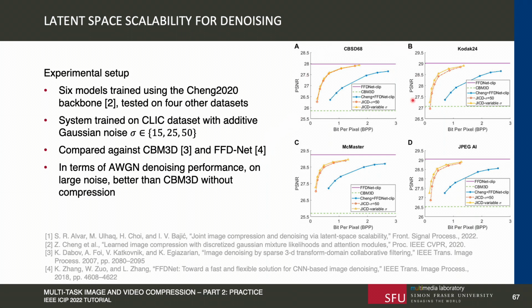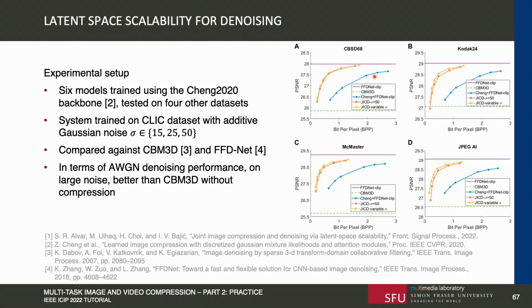The results are shown here. So the kind of purple line at the top is the denoising performance of FFDNet Clip. The dashed green line is the performance of CBM3D.